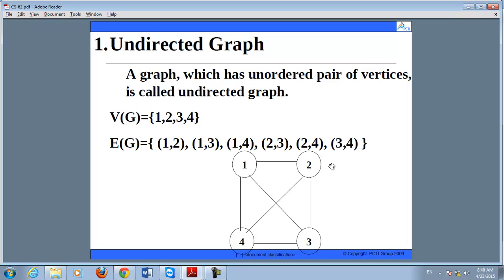Here the vertices are 1, 2, 3, 4 and the edges are 1-2, 1-3, 1-4, 2-3, 2-4, 2-1, 3-2, 3-1, 3-4, 4-3, 4-2, 4-1 and so on. Meaning you can take the edges in any direction, because here the direction of edges is not specified.